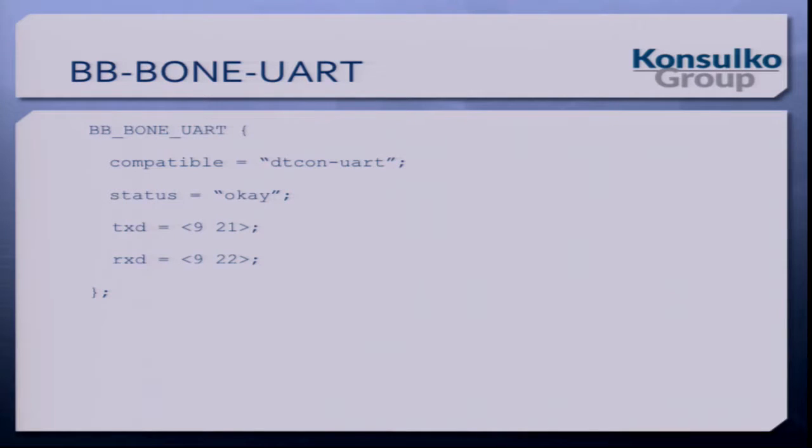That's all you need. You have the compatible string, which is dcon UART, which is a proxy driver. You enable it, and you just say, I need this to work on these pins. And if the connector can satisfy the request, it will just work.